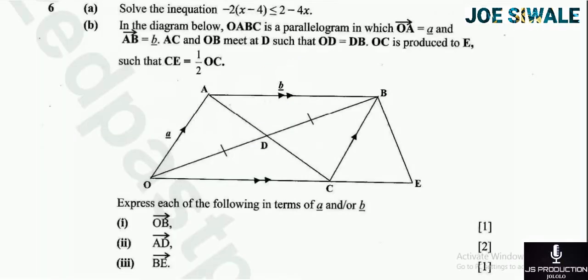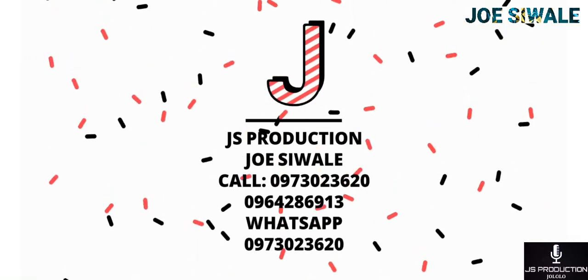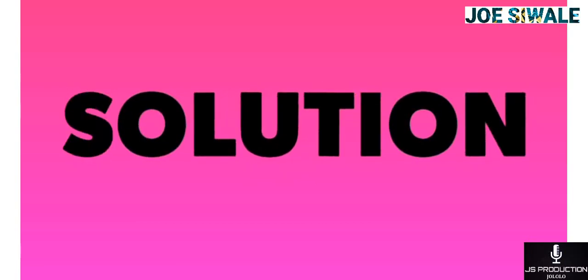Roman numeral 2, vector AD, 2 marks. So for me to calculate vector AD, I can first calculate vector OD, and vector OD is going to help me to calculate vector AD.